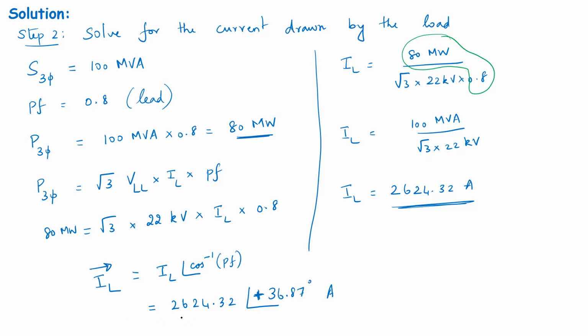This is the value of the complex current consumed by the load, and this is what we need to find out as step 2. Very important. In step 1, we drew the pictorial representation of the system. In step 2, we calculated the complex current, which involves both calculation of the magnitude and the angle. Because leading power factor means the angle will be positive for current.